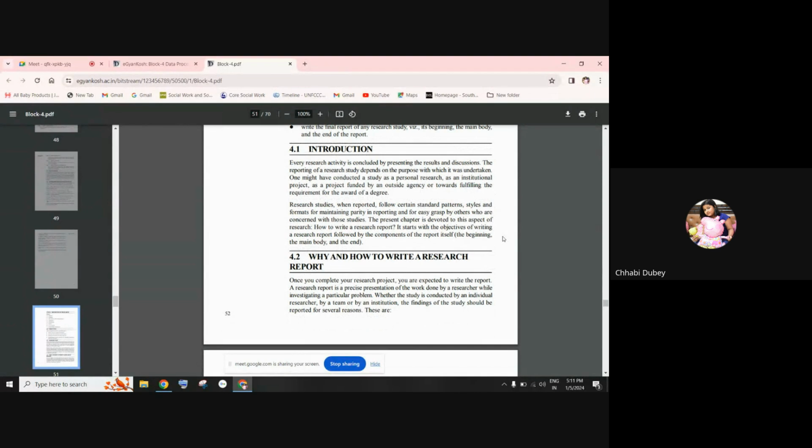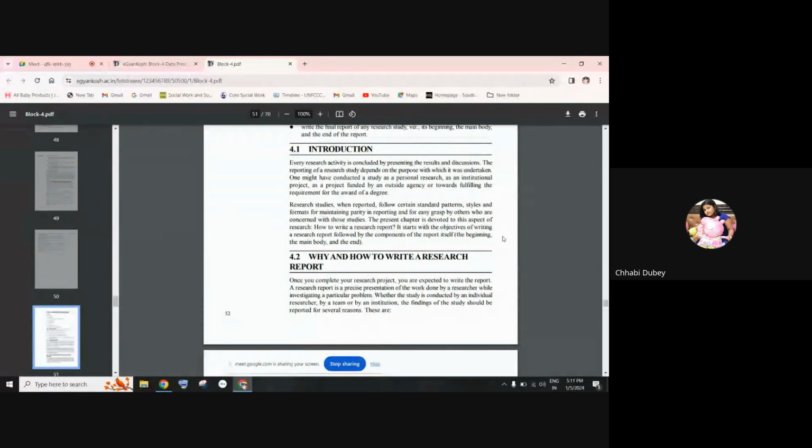Now the first question is, why do you have to write a research report in the first place? It is important to understand that once we have completed our research project, we are expected to write the report. A research report is basically a very precise presentation of the work done by the researcher while investigating a particular problem.